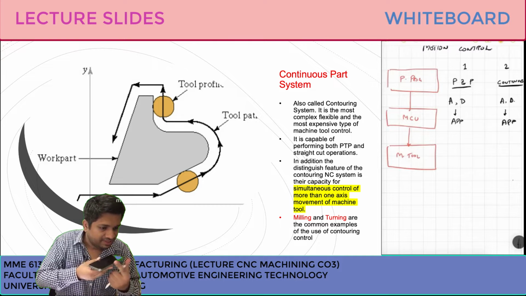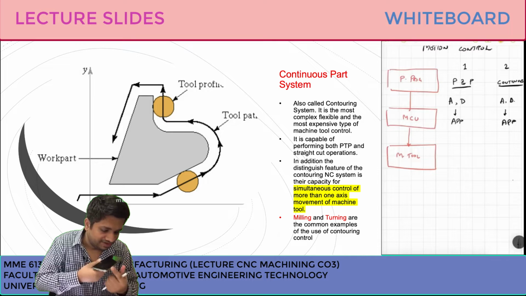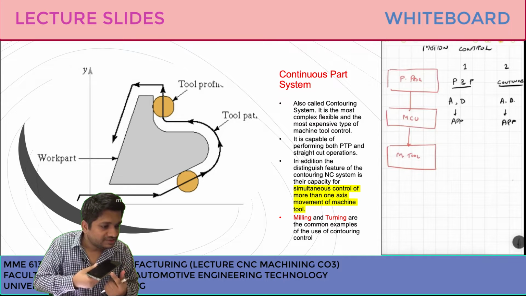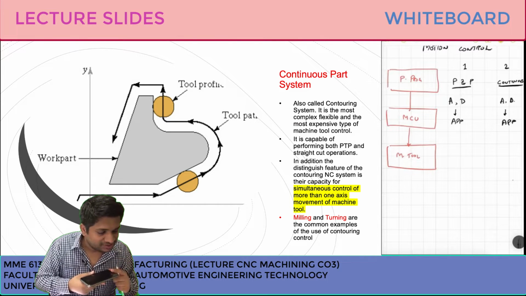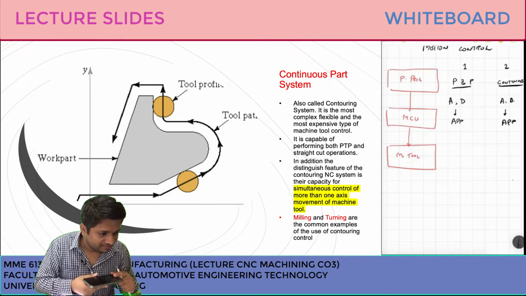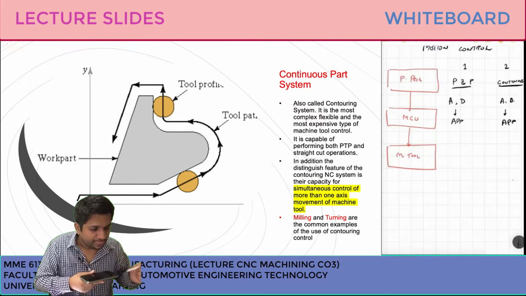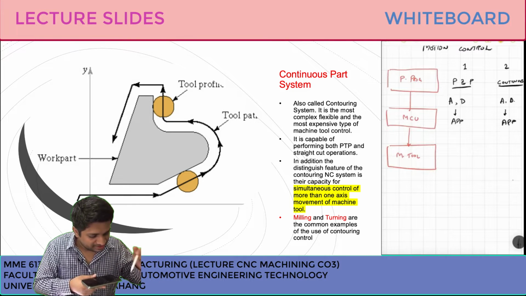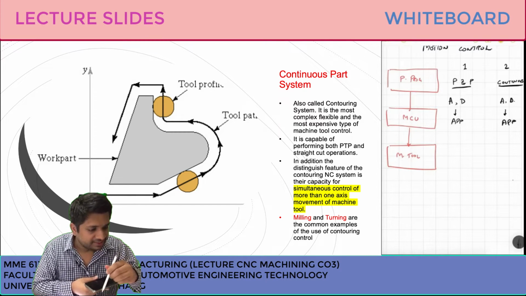This part is the periphery, this part is the top surface. There are different types of machining: one is called peripheral machining, and another is called face milling or face machining. Whatever the case, the machining starts immediately.